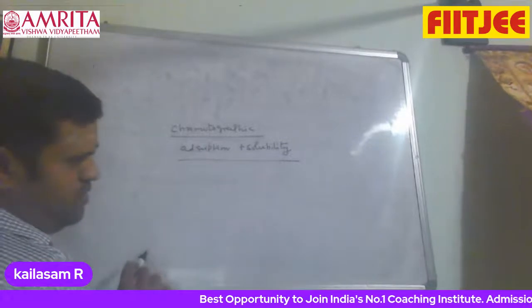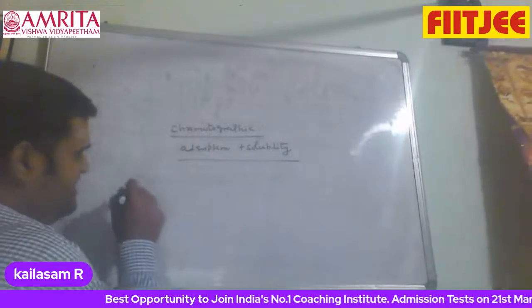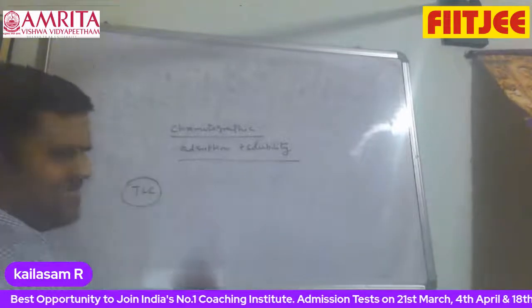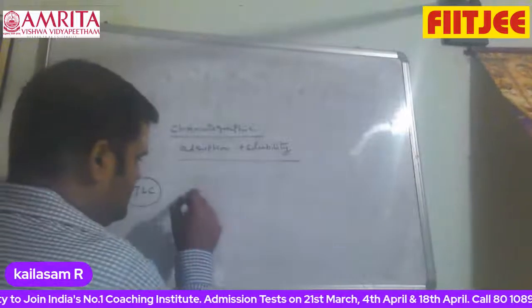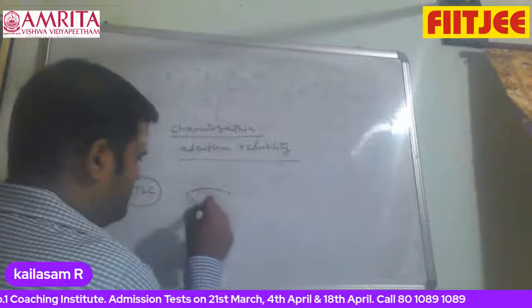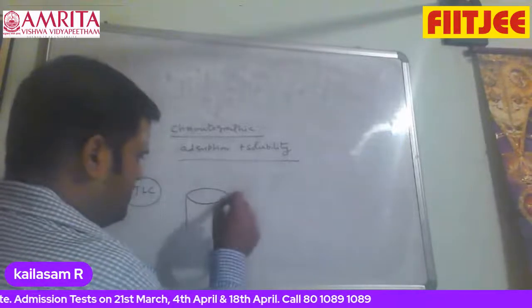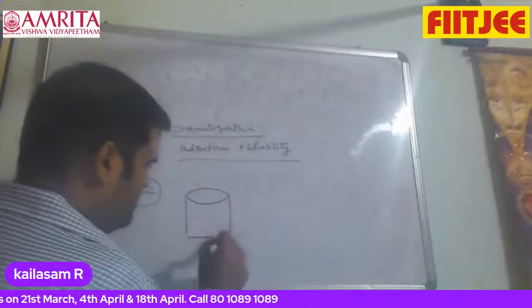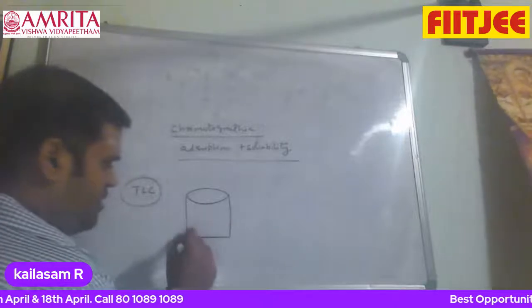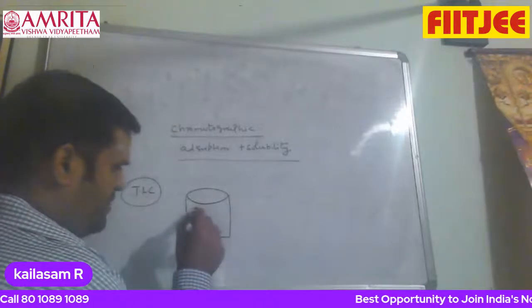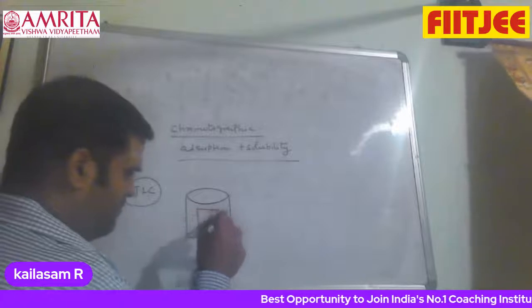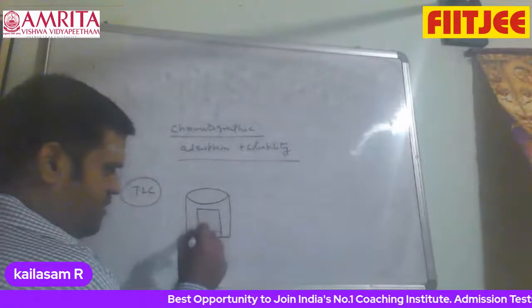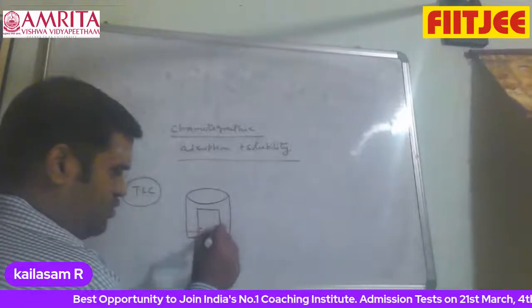Listen. In that they will ask about TLC. What is TLC? Look at this. The solvent is there. They'll keep the TLC plate from up to down. Here they may keep spots 1, 2, 3.